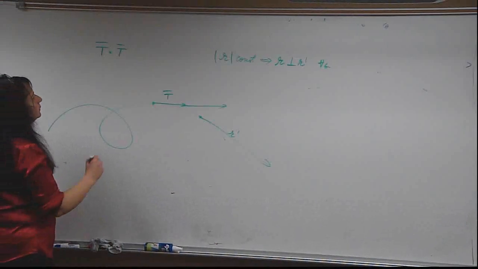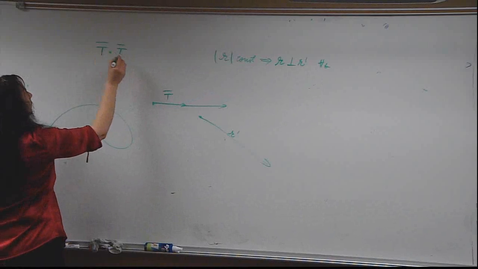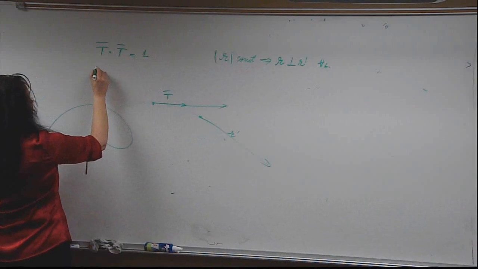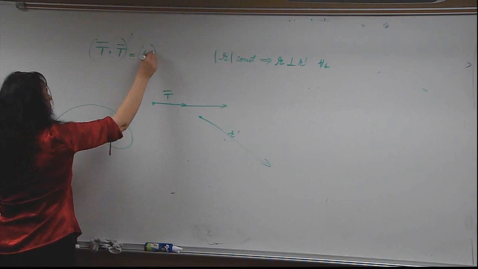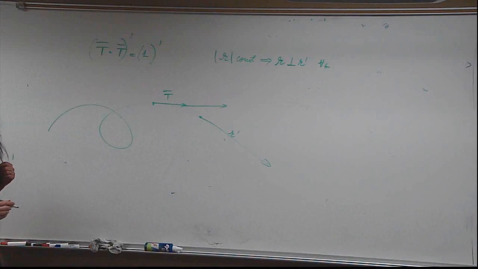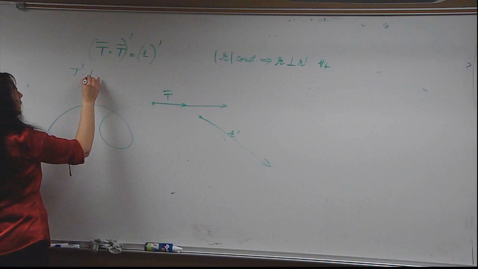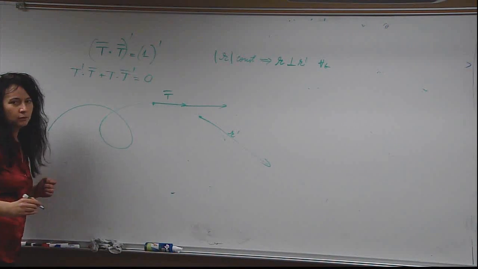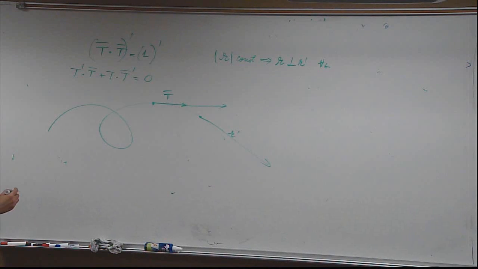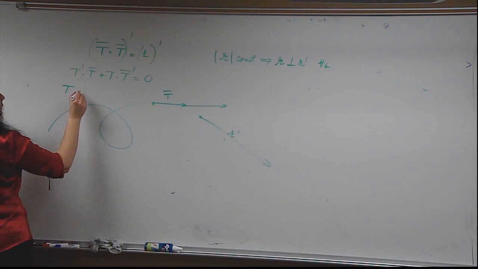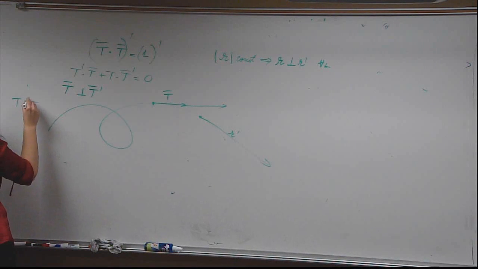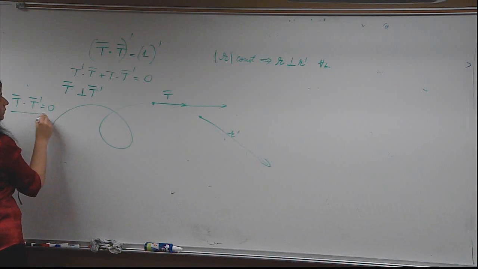We've done that before. Now, what do you do then? T dot T is 1. Differentiating, the scalar dot product gives T prime times T plus T times T prime, so 0. And T is perpendicular to T prime, because that means T dot T prime equals 0.